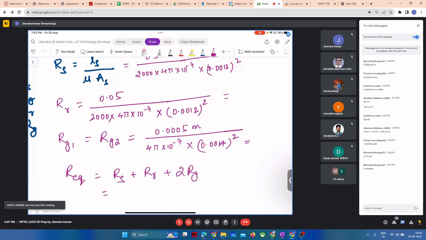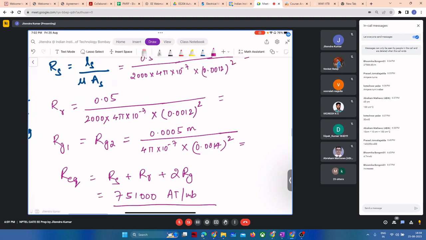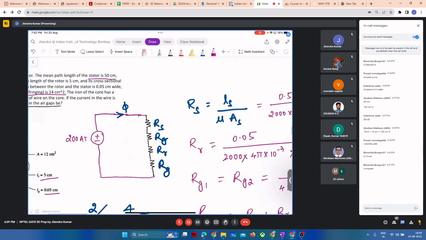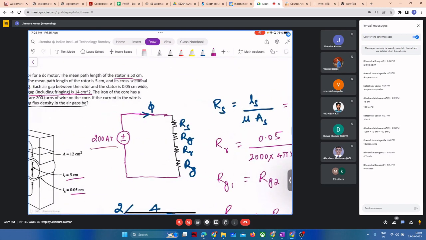You just match on your own. That should come out to be 751,000 ampere turns per Weber. I hope you are also getting the same value. And the MMF we already know is 200 ampere turns.